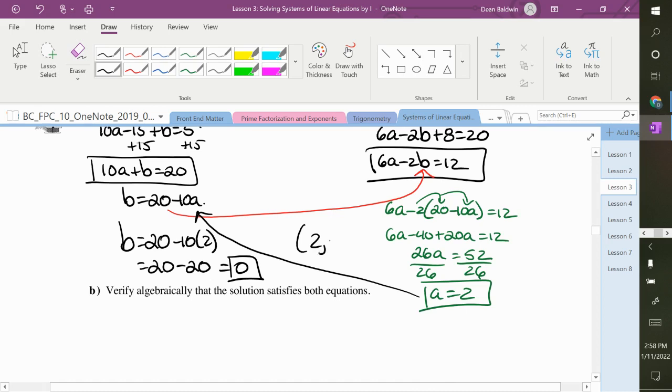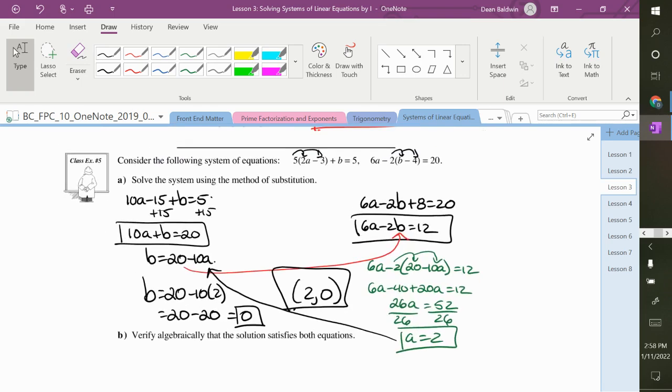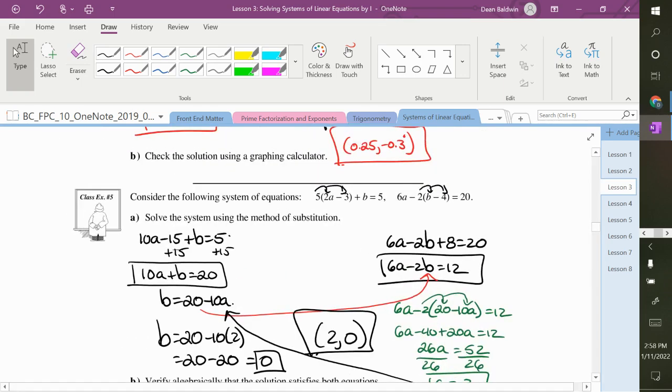So as the ordered pair, write it alphabetically, it's 2, 0. Okay, that's as complex as they'll get. You'll have to simplify the equations first, and then pick a variable to solve for, and then just solve it. Questions?